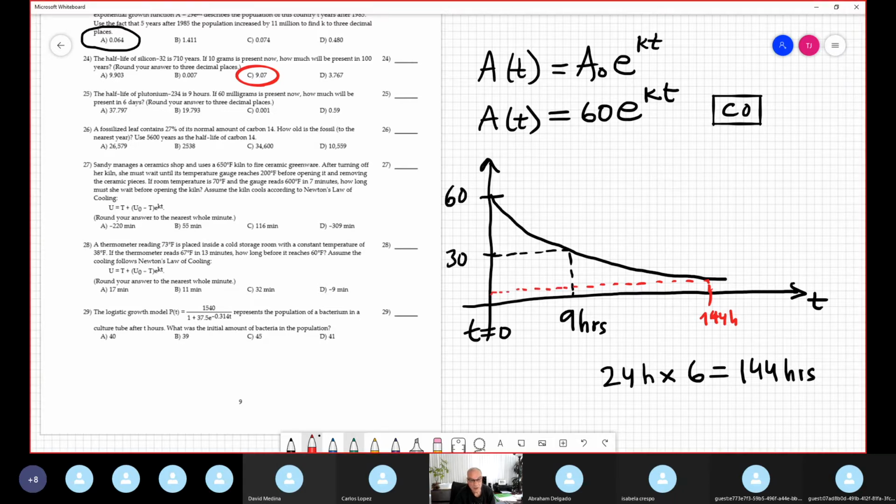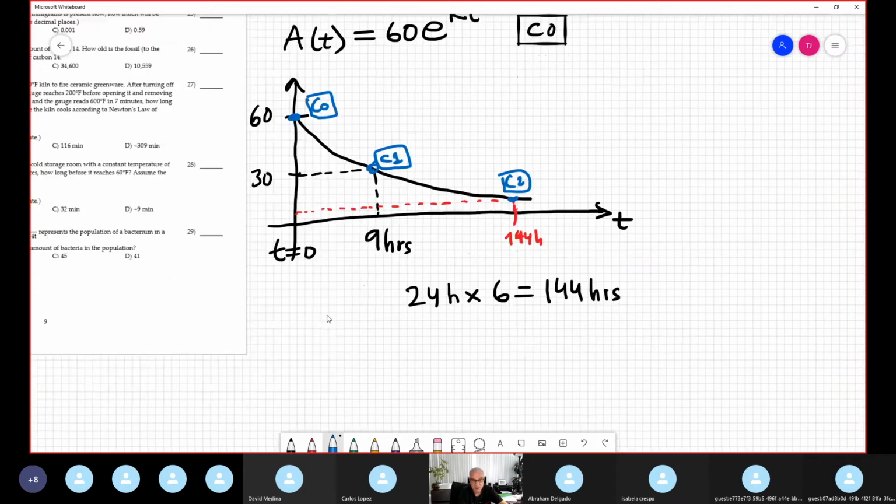So now we have condition 0. We have condition 1, which allows me to find the K value, and condition 2 in which you have the time, but we don't have the gram or milligram of the substance. I don't know, do you like the graphic to understand the idea?